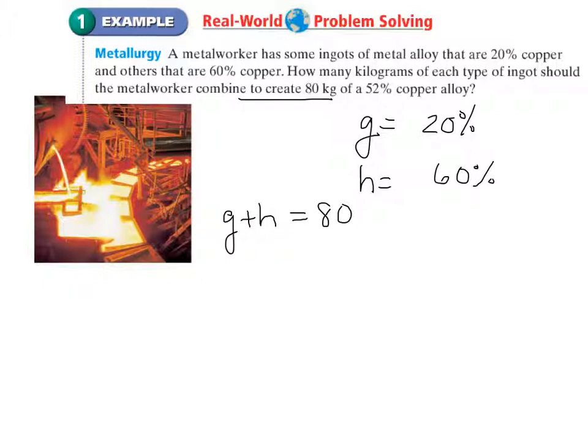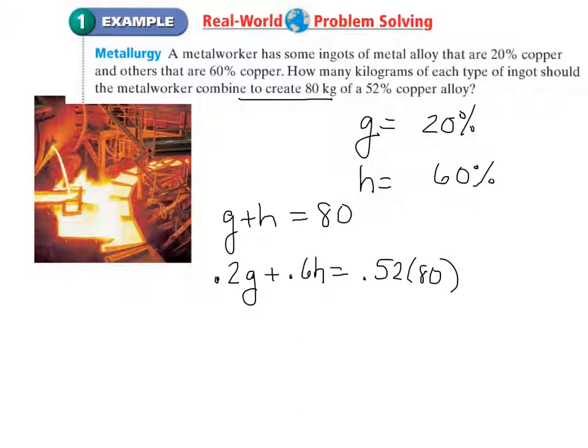Now, percents always have to be written as decimals. So the 20% copper is 0.2 G, plus 0.6 H, would have to give me what? 52% of the 80. So we'd have to take 52% of 80.